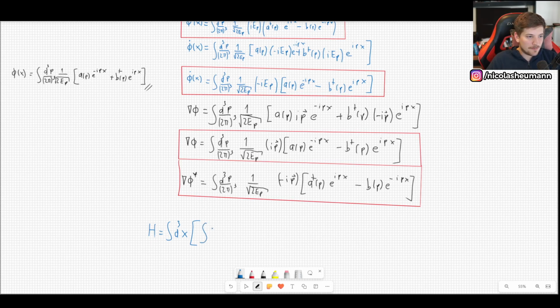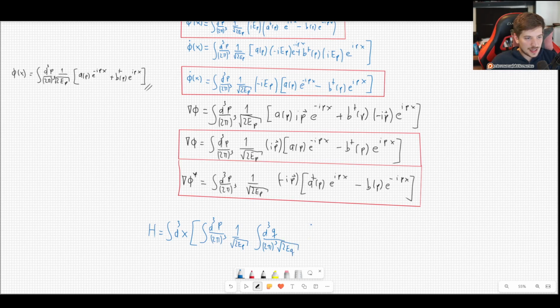So we have d^3p coming from all the conjugates, over (2 pi)^3 times 1 over square root of 2E_p, and I'm just going to factor that out immediately. We also have the integral of d^3q over (2 pi)^3 times 1 over square root of 2E_q this time, sorry.